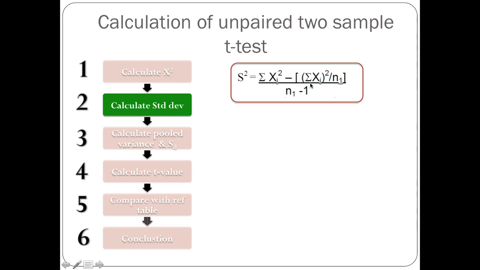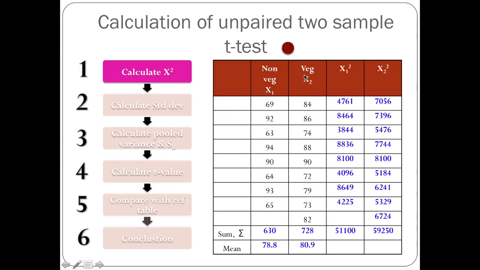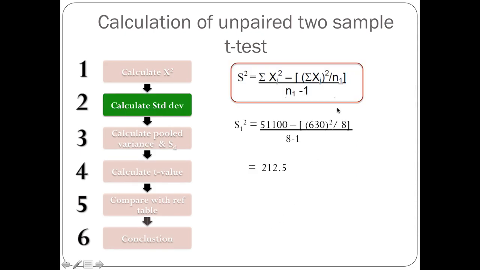Minus the sum of x, which is 630, squared, divided by 8, because that is the sample size, and divided by 8 minus 1. So the number that you obtain is 212.5.